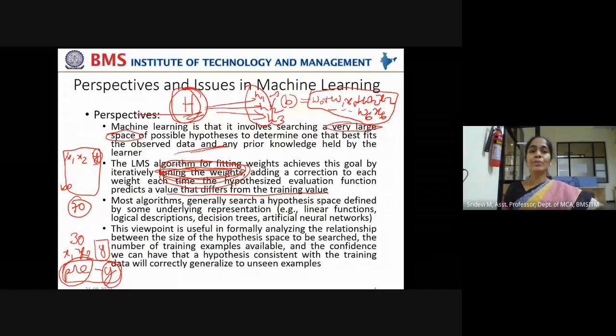In some cases, you may have logical descriptions. In some cases, instead of a linear function, you may use decision trees. If the age of a customer is less than 40, then if he is owning a house, he may not default the loan. If he is not owning a house, he may default the loan. Like if he is above 40 years and he is married, his behavior may be different.